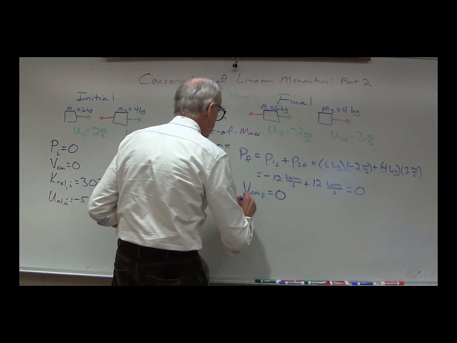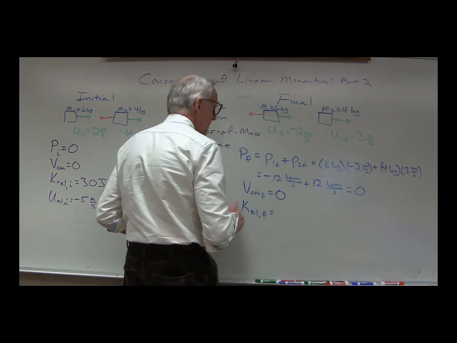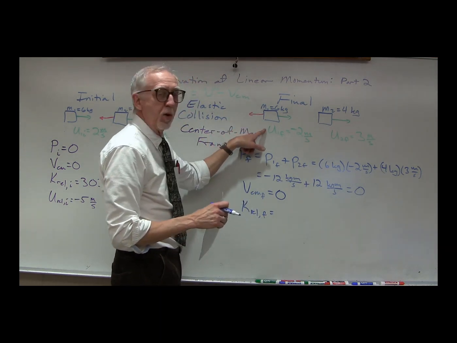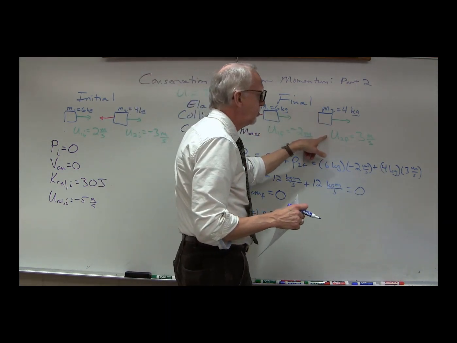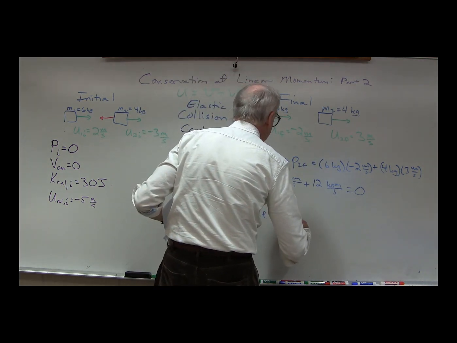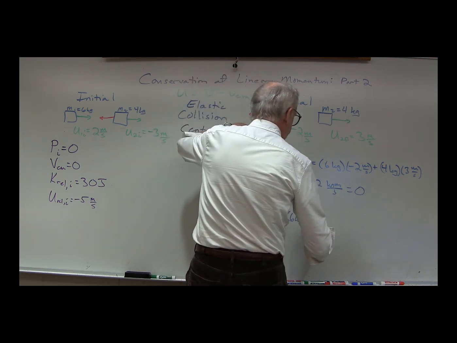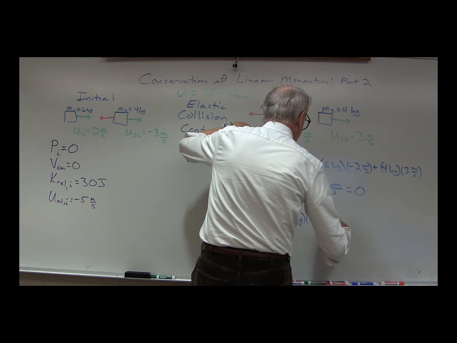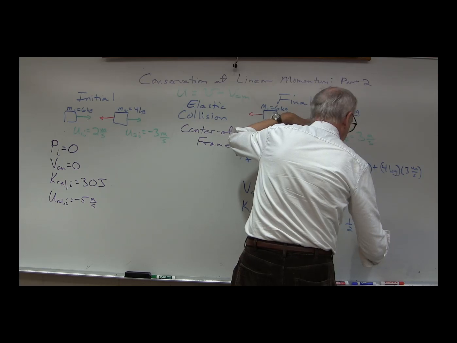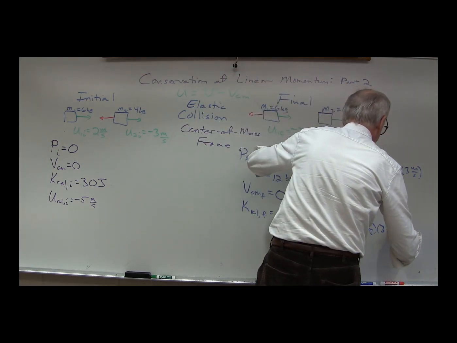What is the final relative kinetic energy? K rel final is going to be 1/2 m1 u1 final squared plus 1/2 m2 u2 final squared. What's that going to give us? 1/2 times m1, 6 kilograms, times u1 final, negative 2 meters per second, squared, plus 1/2 times m2, 4 kilograms, times u2 final, 3 meters per second, squared.